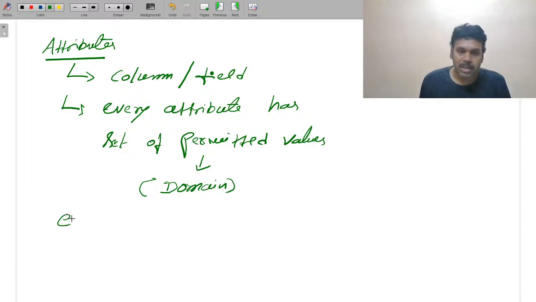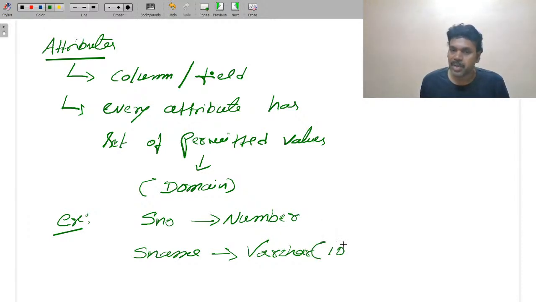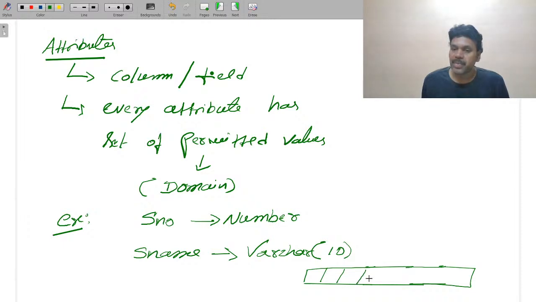For example, for student number, you can say the number data type. And for student name, this time it is the varchar data type. If I say, for example, 10, this is the size, which means you can enter 10 characters in this.